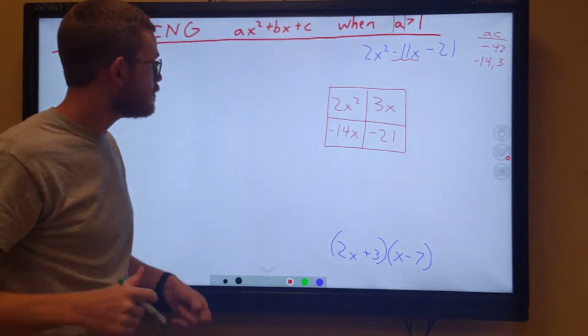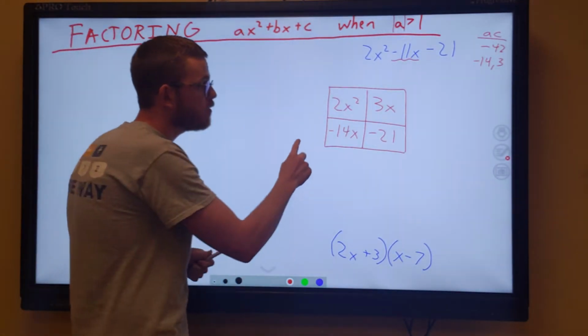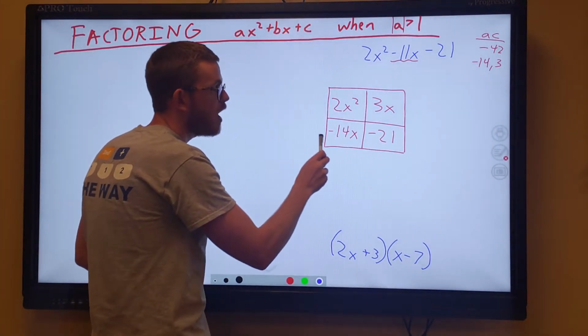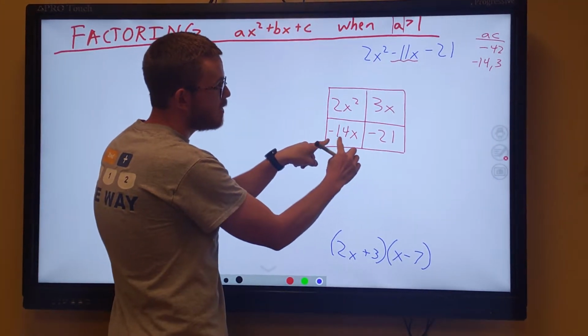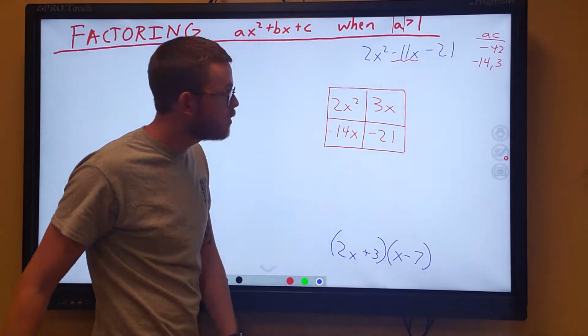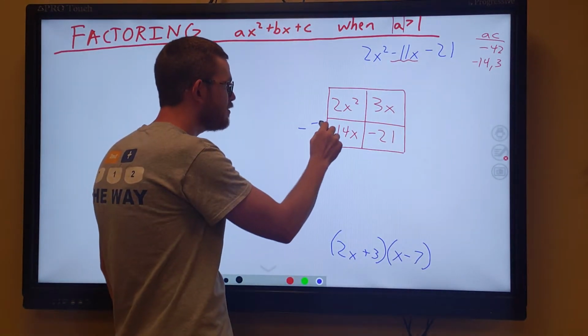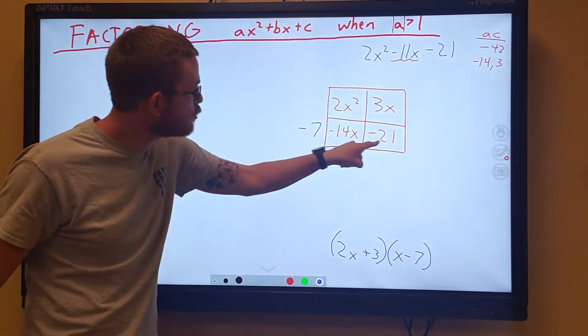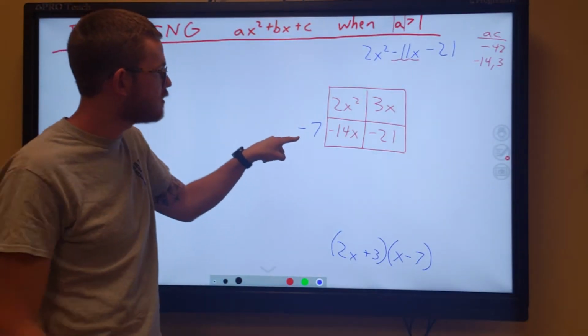Okay? Now, we're looking for what's in common. Right here, what is in common between the negative 14x and the negative 21 is a negative 7. That's what's in common in this row.